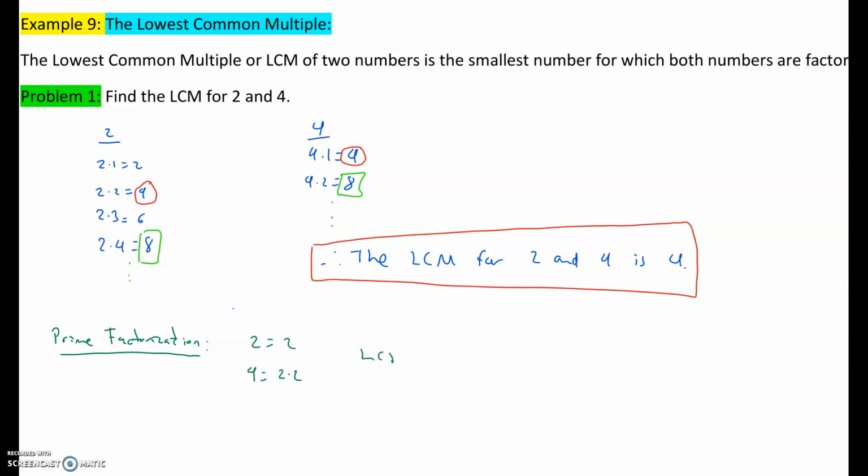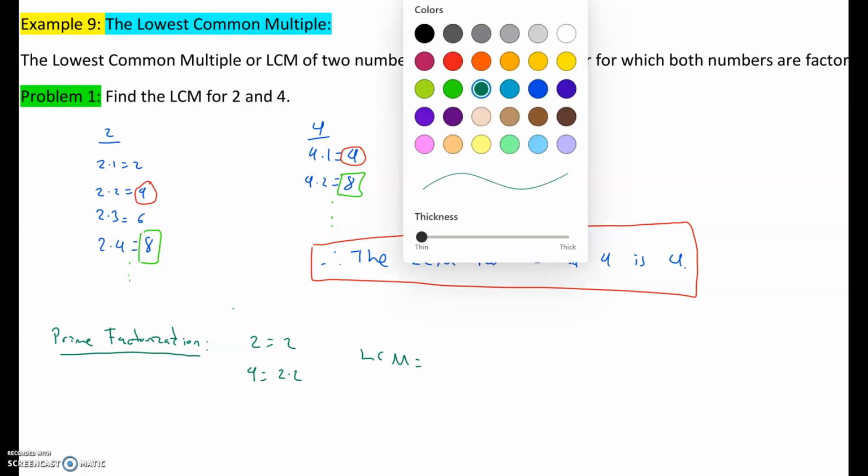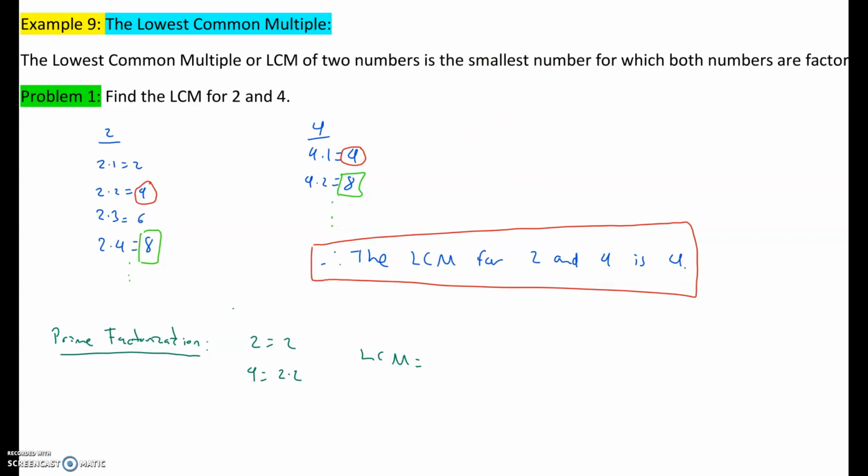Now your LCM is composed of the maximum of the primes in each of the values. So you're looking at the maximum of the 2's, comparing 2's here and 2's there. The maximum is 2 to the second. So in this case, 2 times 2, or 4.